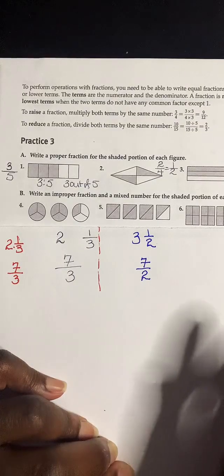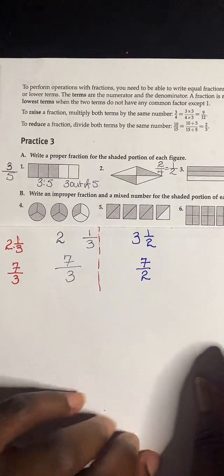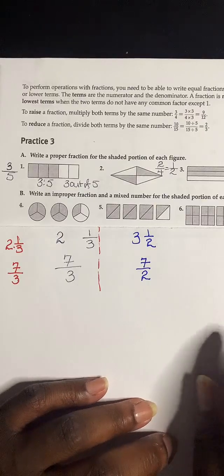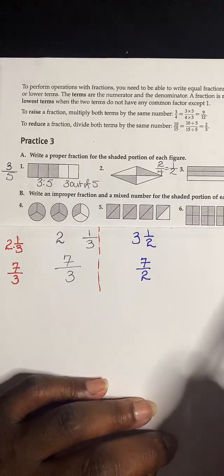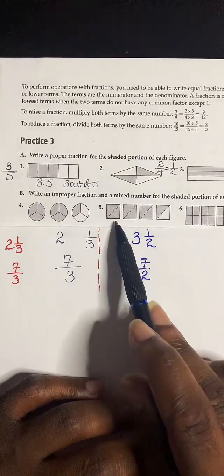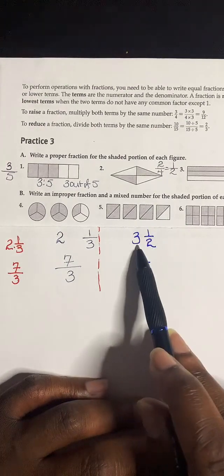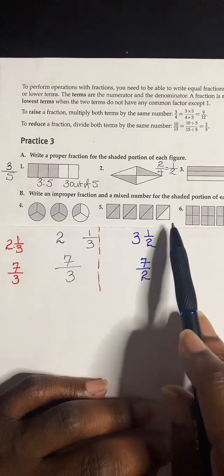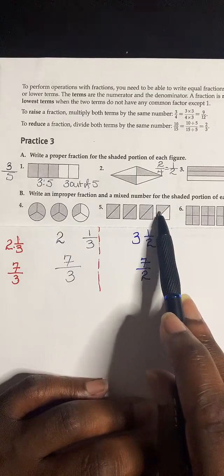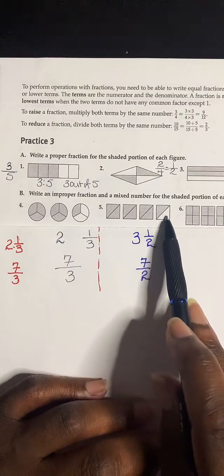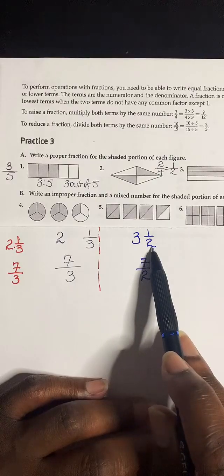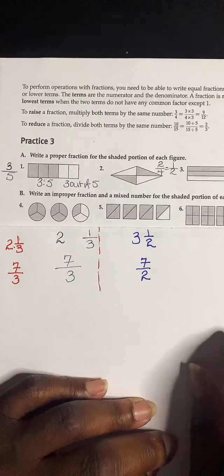Well, let's take a look. Okay. There you go. All right, so once they give you the 3, you're looking at how many whole ones they gave you. That's where the 3 is. Then I look and notice that 1 out of the 2 parts is being shaded. That's where the 1/2 came from.